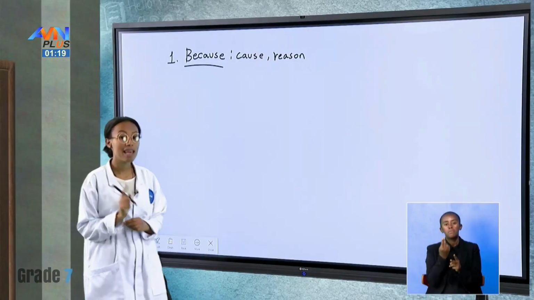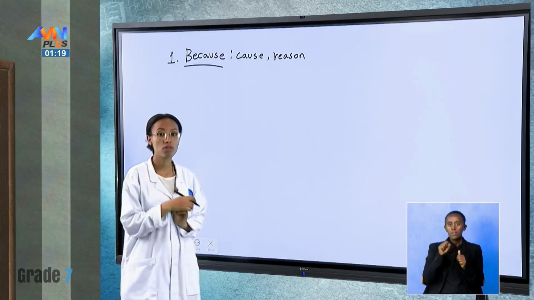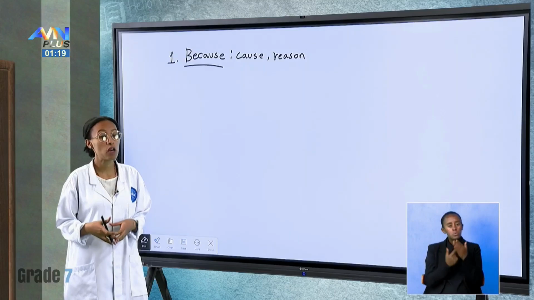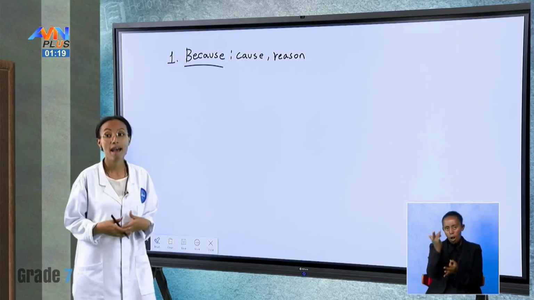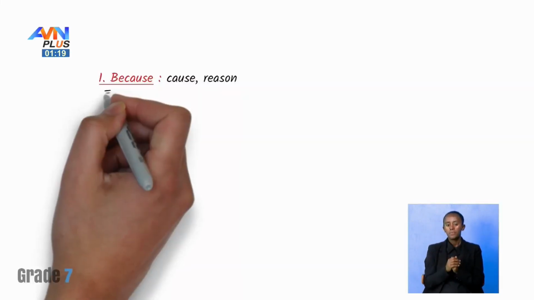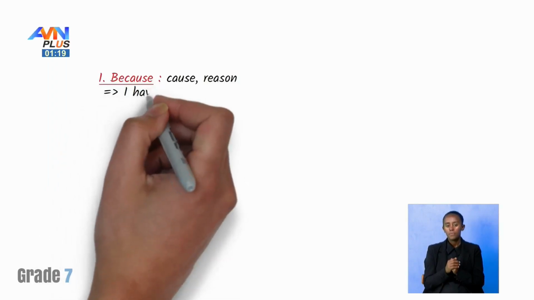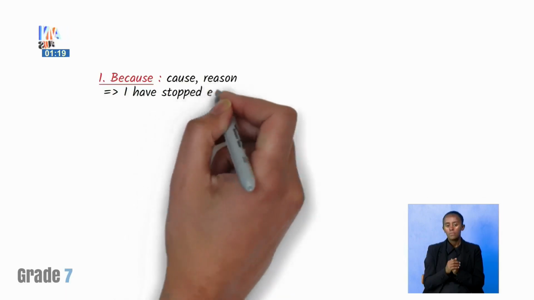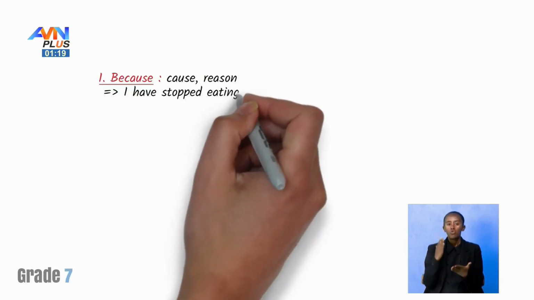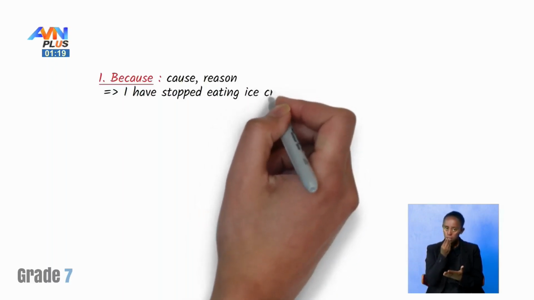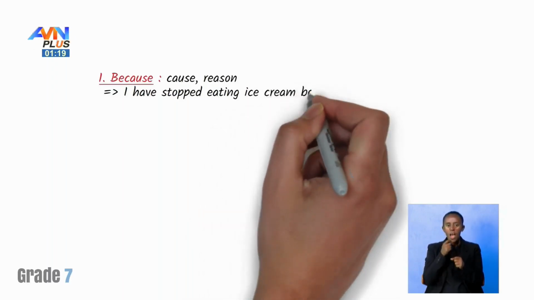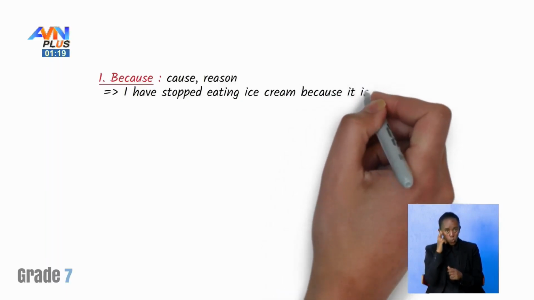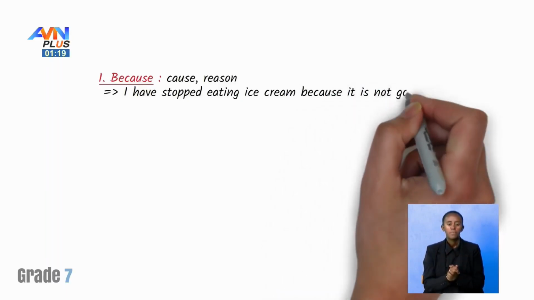Because, as we said, is a subordinating conjunction that we use to give reasons why something has happened. For example, I have stopped eating ice cream because it is not good for me.